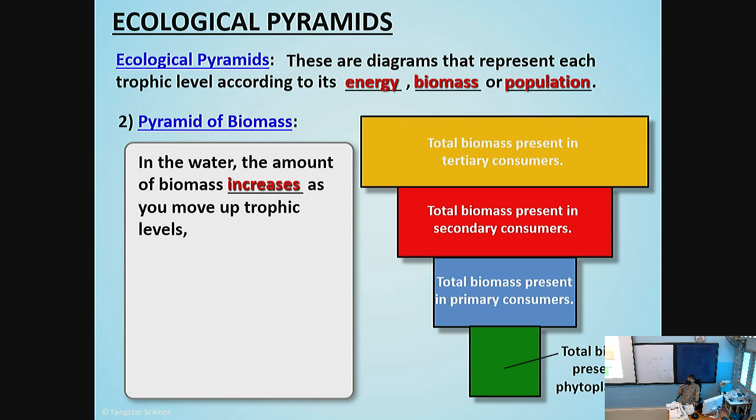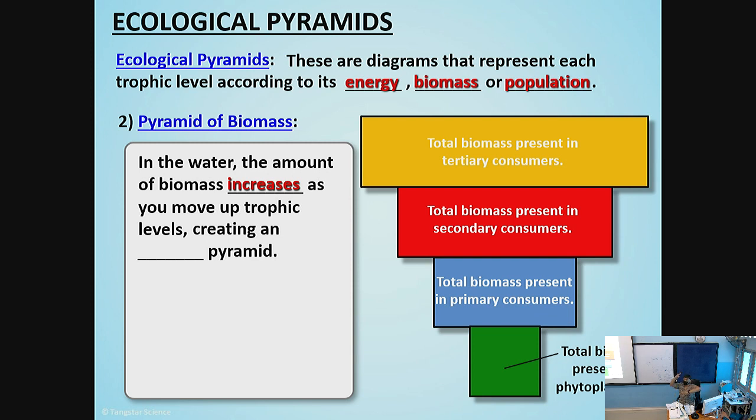What happened to the pyramid? The pyramid becomes inverted.